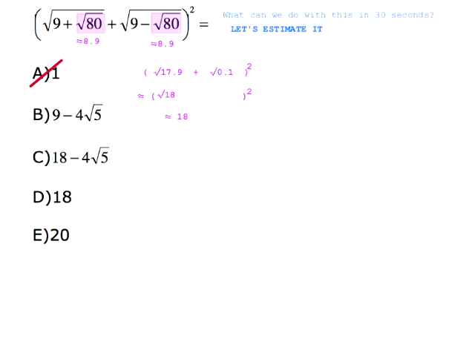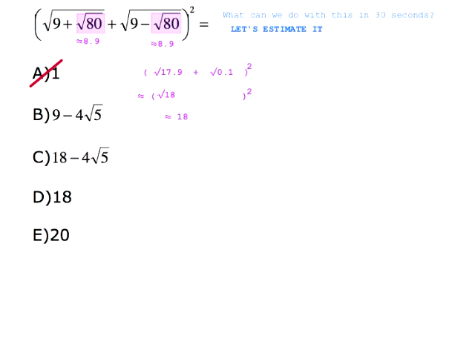I think my internet blipped out there for a second. The question is, what should we do with the answer choices? We should also estimate the answer choices. Yeah, absolutely we should. Approximately 18, approximately 18.